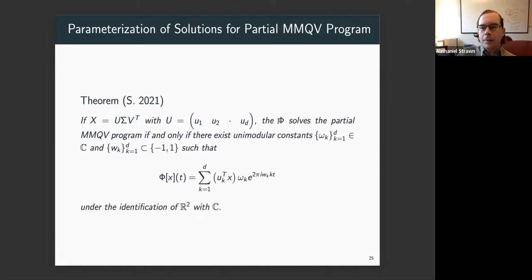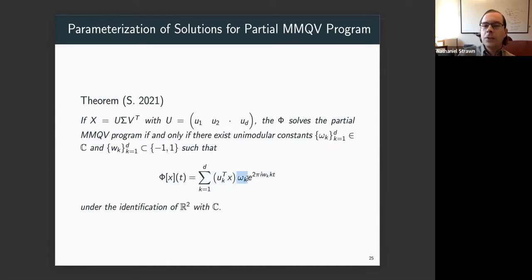Then phi, the linear map phi, will solve this partial minimum mean quadratic variation program if and only if there exist unimodular constants, that is complex numbers with complex modulus equal to 1, and a sequence of signs such that phi x of t exactly gets mapped to a trigonometric polynomial of this form, right? The coefficients of the trigonometric polynomial have to be inner products of the uk transposed with x, inner products of uk with x, the data.